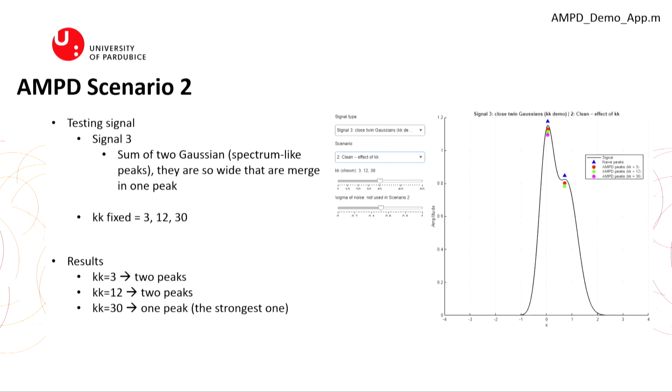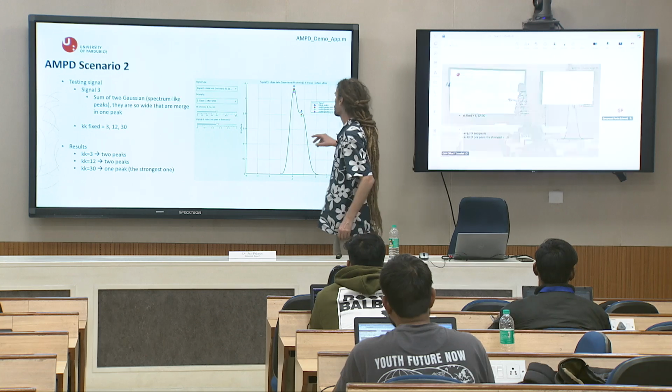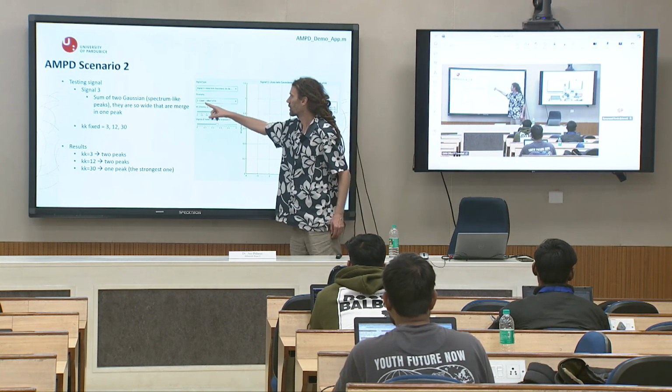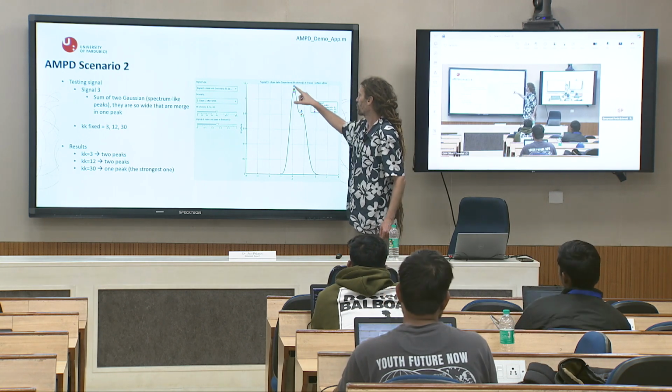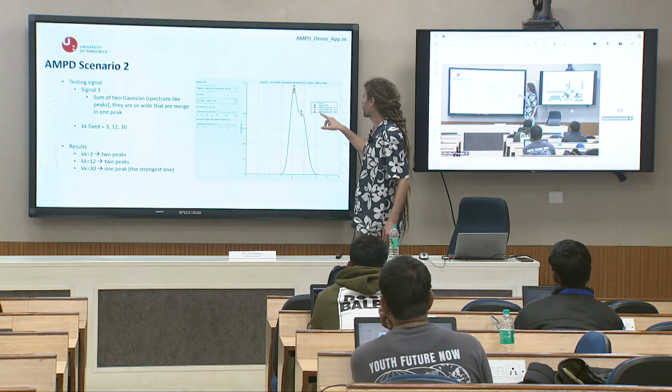So that was the first scenario. The second scenario was the sum of Gaussians. Here is the effect of KKs for the second scenario. You can see that the naive approach works, of course, because we don't have noise.